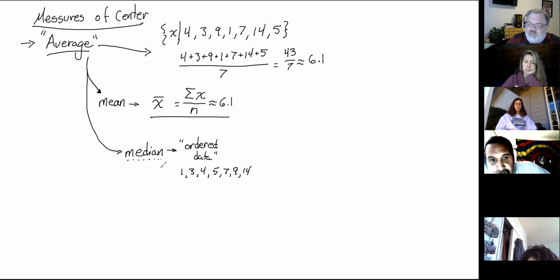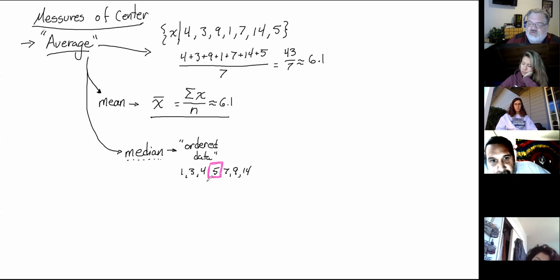So if we want the median of a data set, it really is literally just that data point in the middle. It is the data point in the center. No adding, no dividing, no nothing.